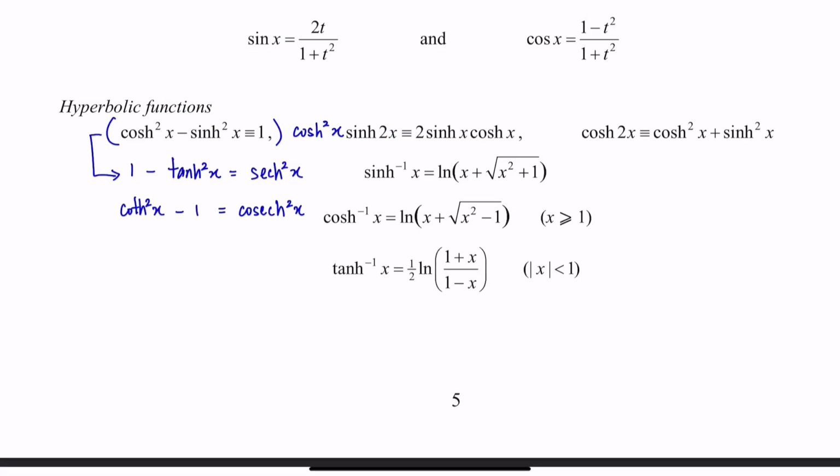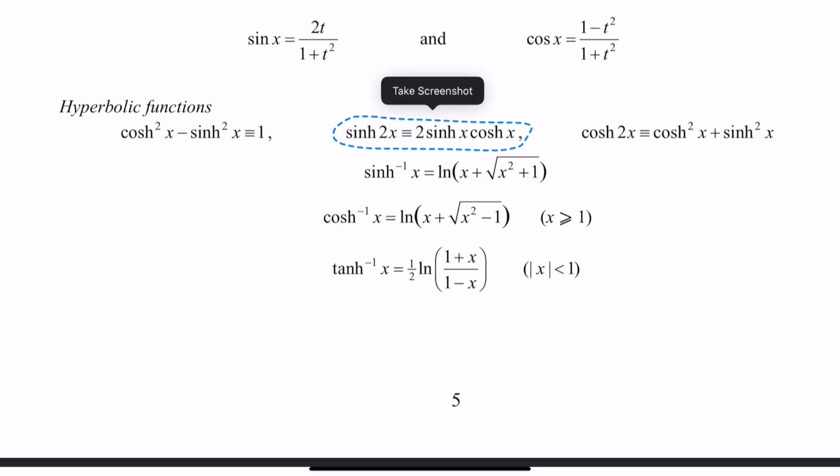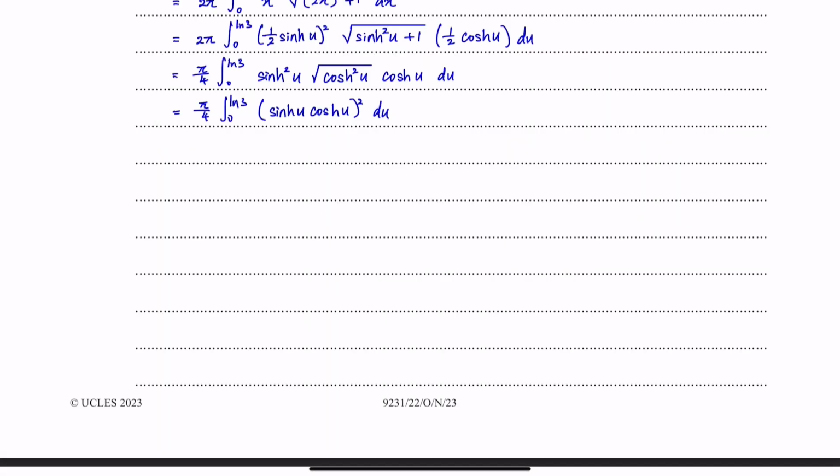And from the formula booklet, we know that 2 sine x cos x is actually sine 2x. So we can write this as half sine 2u squared du.